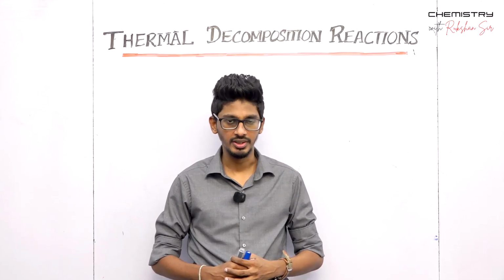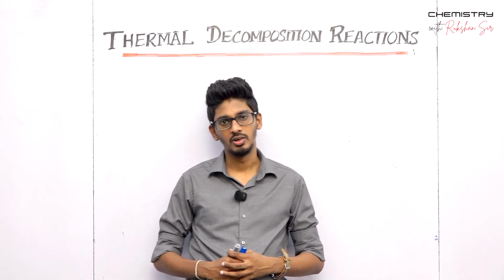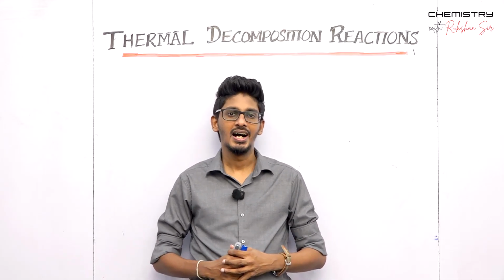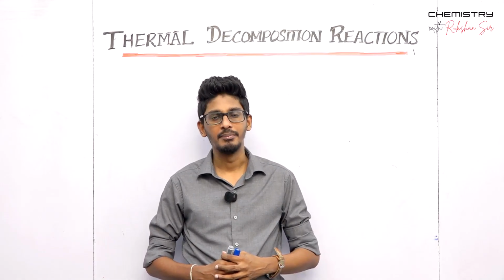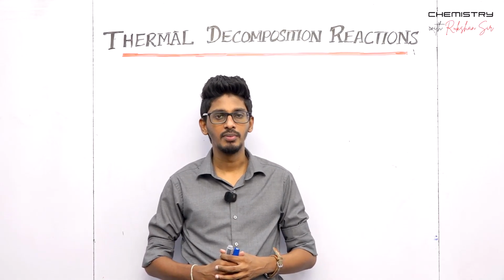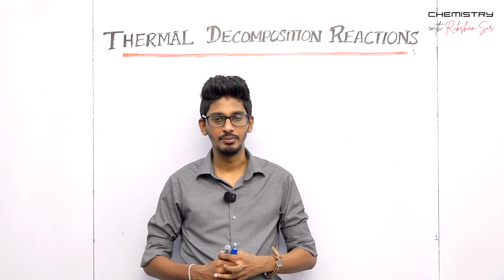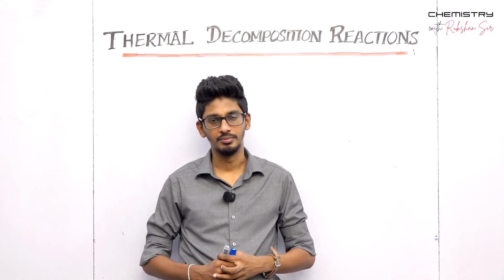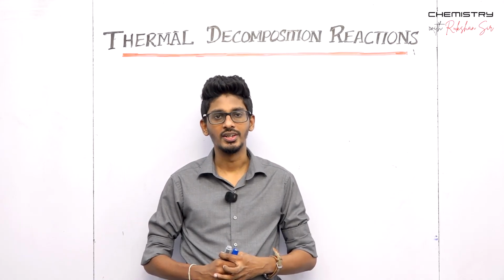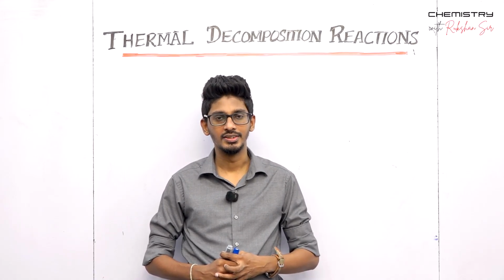On this topic we are going to discuss the thermal decompositions of metal hydroxides, metal carbonates, metal bicarbonates, and metal nitrates. Those 4 are the types of compounds we are going to discuss under the thermal decomposition trends.